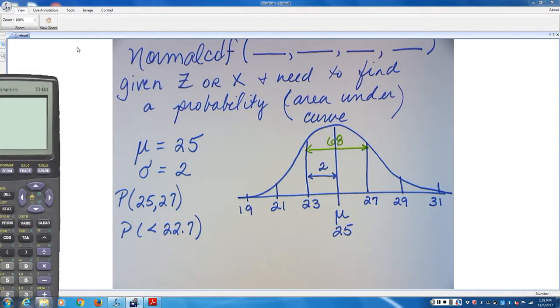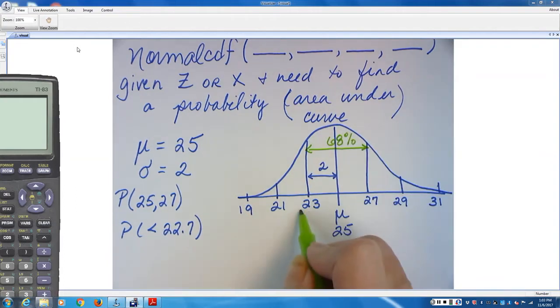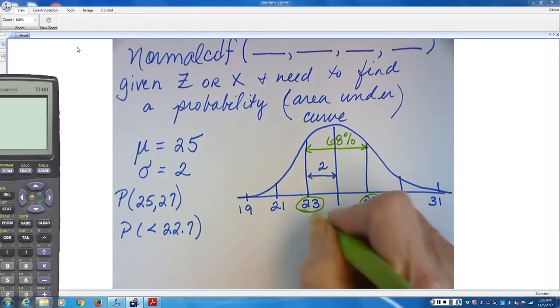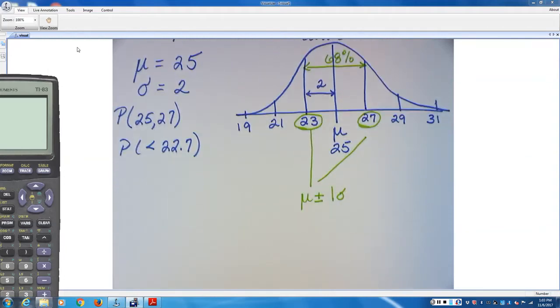68% of the pizza delivery times are going to be between 23 and 27 minutes. That's the mean plus or minus 1 standard deviation.